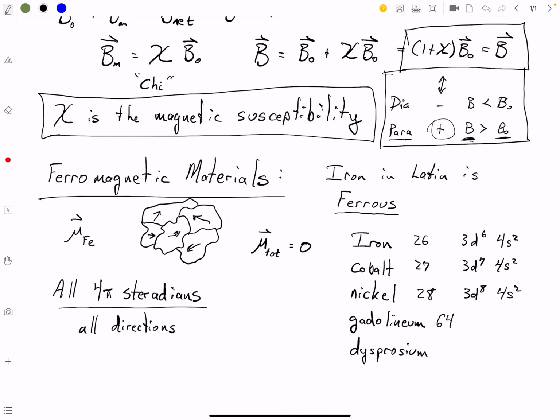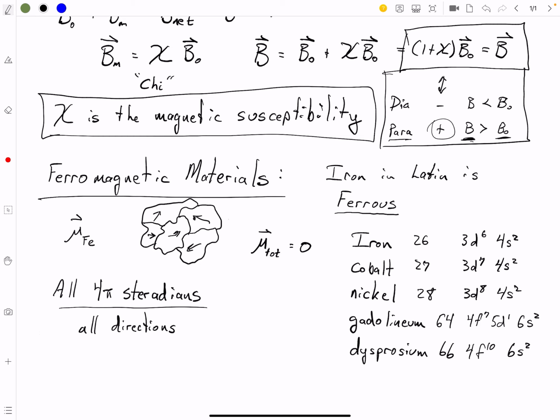Gadolinium is 64, but again, we have 4f7, 5d1, and 6s2. And then dysprosium with 66, and that's 4f10, 6s2.